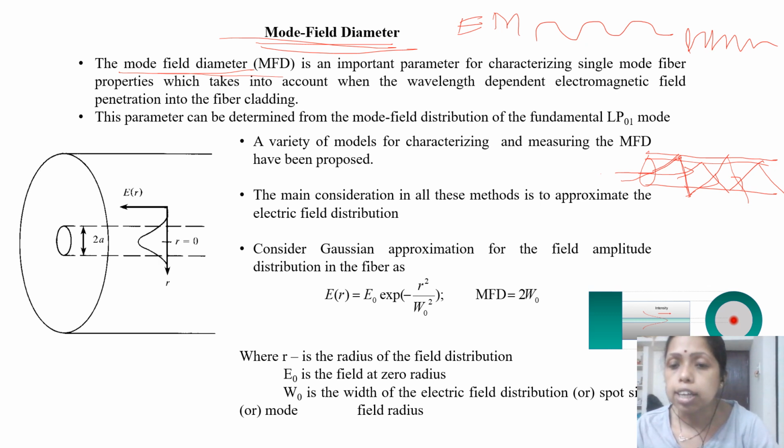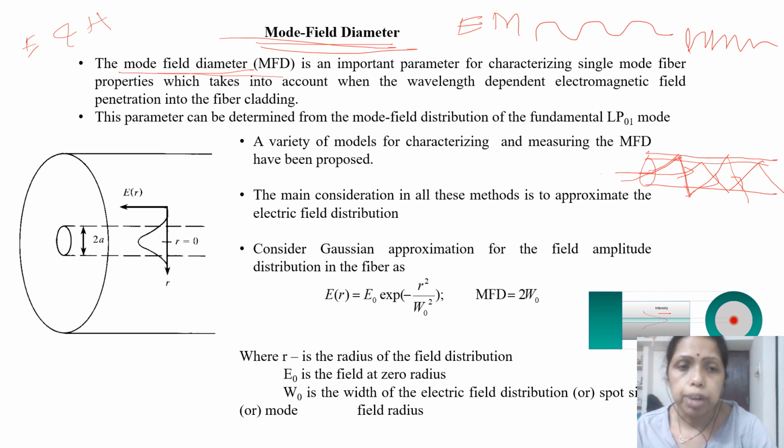How the light propagates through the optical fiber depends on this. Suppose for a lower wavelength signal, there may be a chance to get the light into the cladding layer, but in the case of a higher wavelength, you cannot see that kind of distribution in the fiber. The electromagnetic wave has an electric field as well as a magnetic field, right?